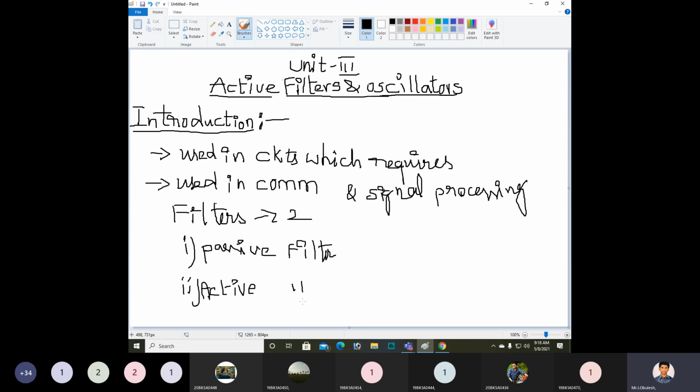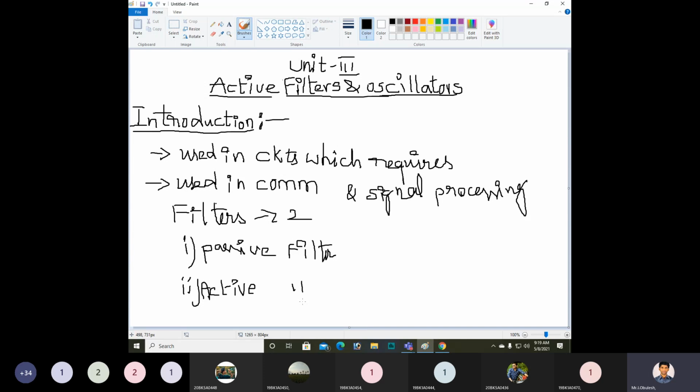For example, it allows only from 1 kilohertz to 10 kilohertz. Beyond that and below that, it is unable to allow the signals.